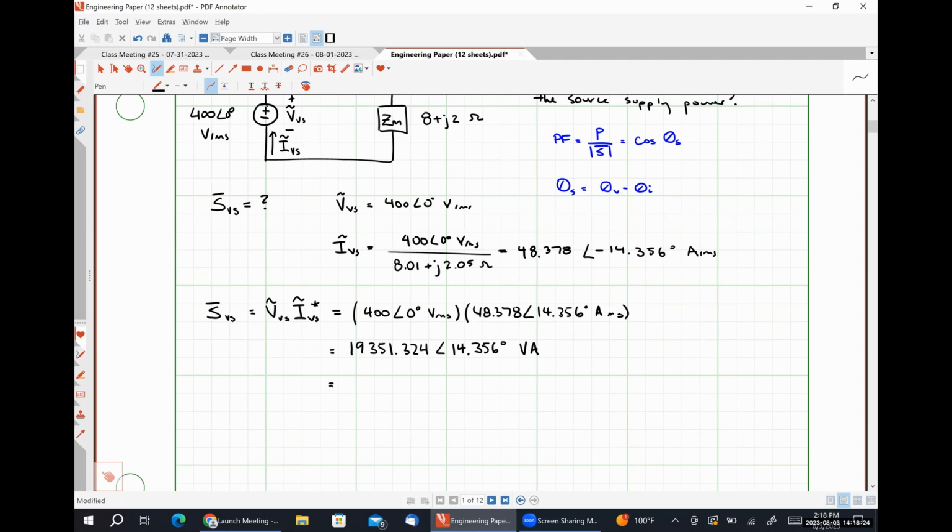In rectangular form, this looks like 18,747.093 plus J 4797.945 volt amperes.